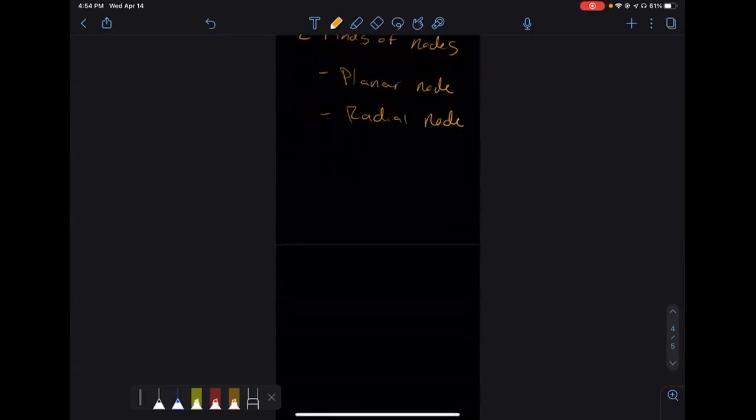A planar node, for example, and we'll get into this more, if you think about a P orbital, a P orbital is going to have one planar node, meaning that it is dividing it in the middle, and there are almost like separate lobes where the electron can be found anywhere inside of these right here. But all of this area out here, there will never be an electron found. And that is going to be a planar node.